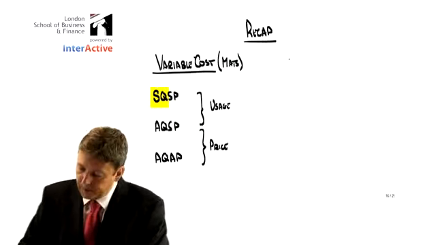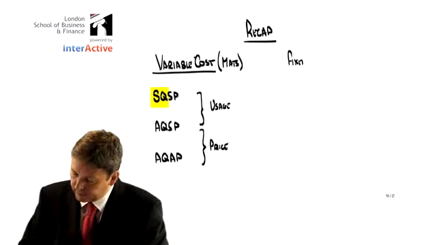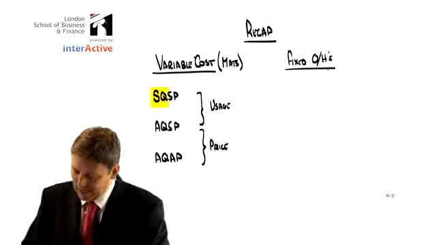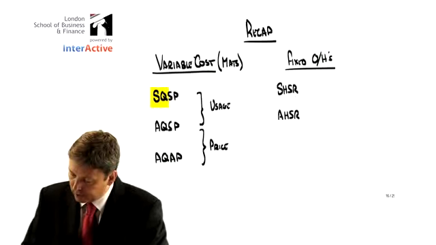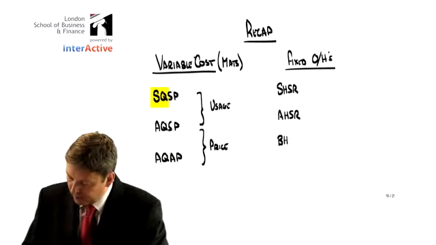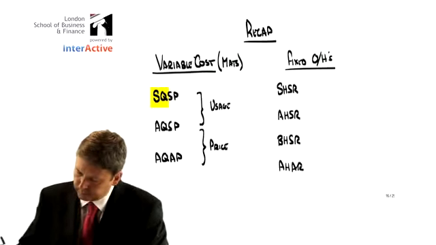Then we can look at our fixed overheads. Again, it is pro forma led. Standard hours, standard rate. Actual hours, standard rate. Budgeted hours, standard rate. And actual hours, actual rate.